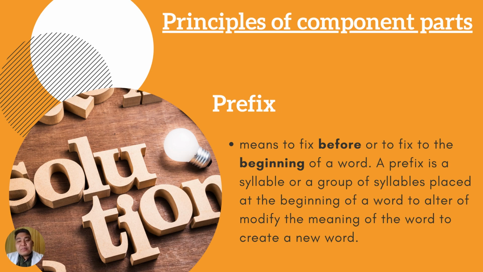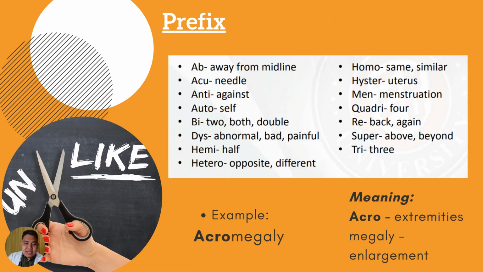The prefix is a word component placed on the front of a root word to change or modify its meaning. The prefix can give a root direction or a position. It can also give a root a specific type or classification, quality, or quantity. So what are the examples of prefixes?